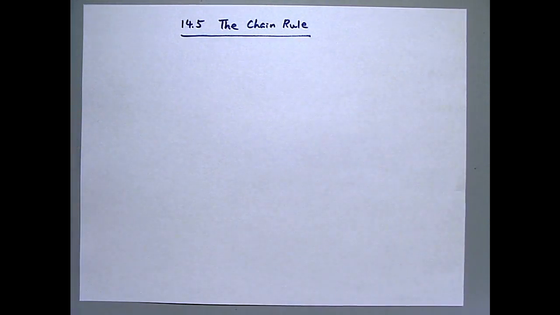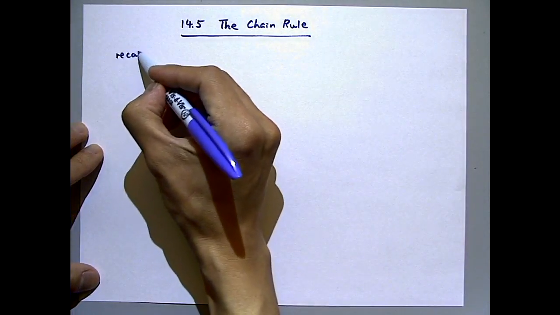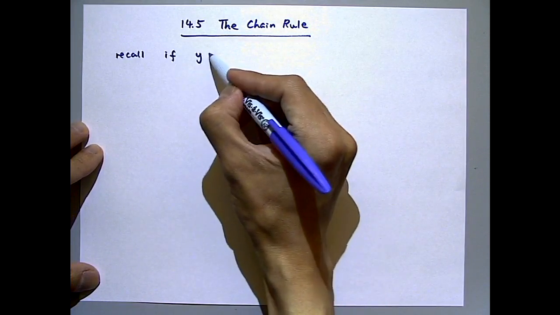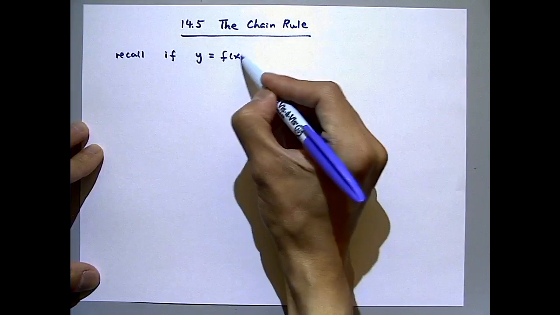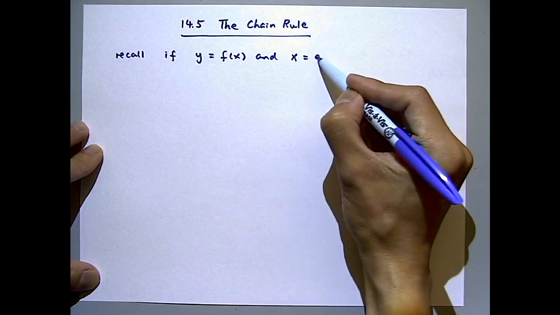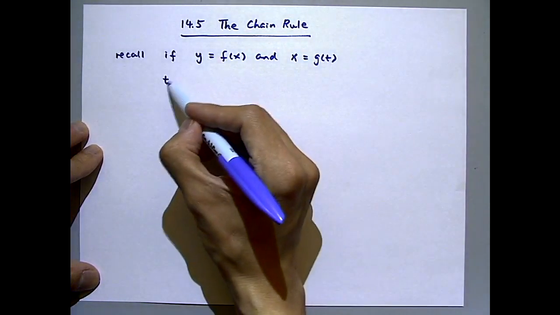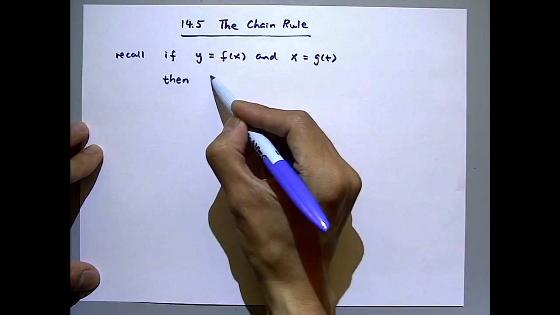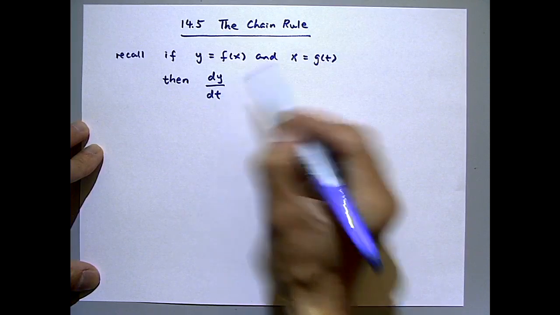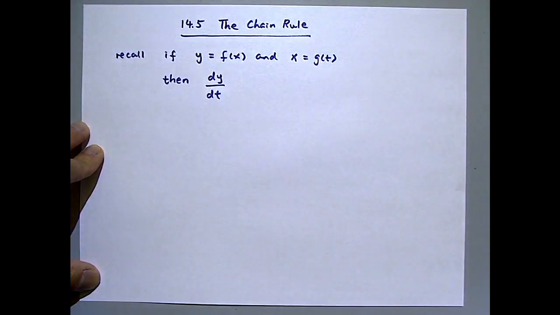Once again, let's revisit the one variable case. You remember that if y is some function of x and x is some function of t, then the rate of change of y with respect to t, because y really is a function of t now.